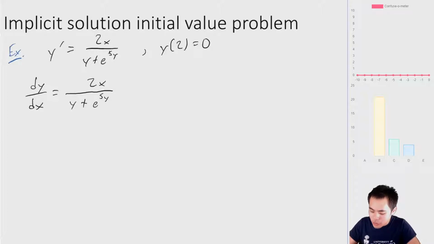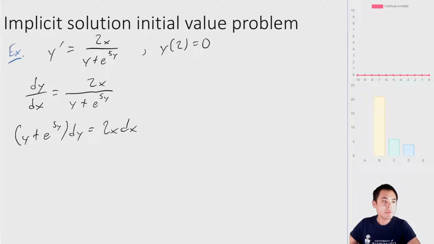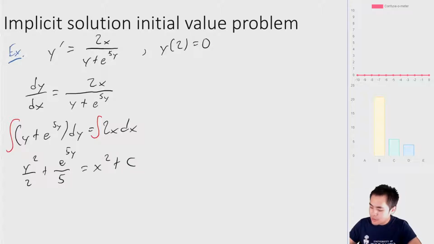We can rewrite this. So if we multiply both sides, we get y plus e to the 5y dy is equal to 2x dx. And therefore, when we integrate both sides, we get that y squared over 2 plus e to the 5y over 5 is equal to x squared plus c. And this here is an implicit general solution.